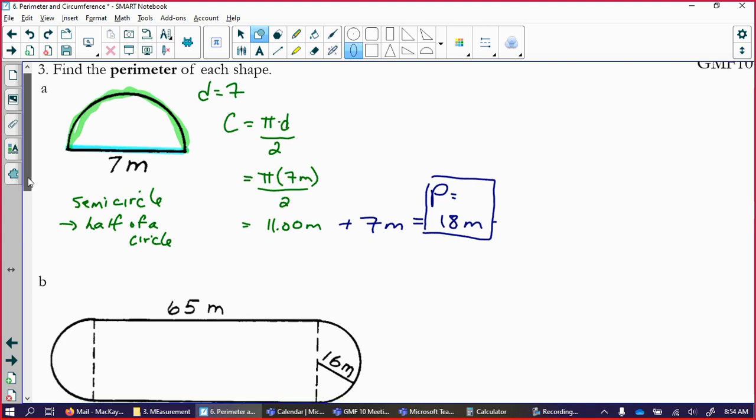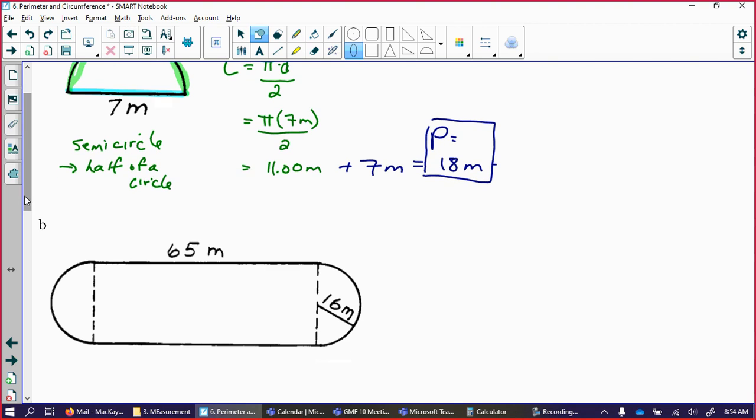So, perimeter of a semicircle. Oh my gosh. Now it looks like the top view of a ginormous hot dog. But we want to find the perimeter of this whole weird and ugly thing. That to me looks like half a circle.